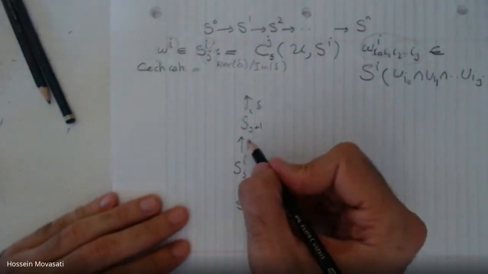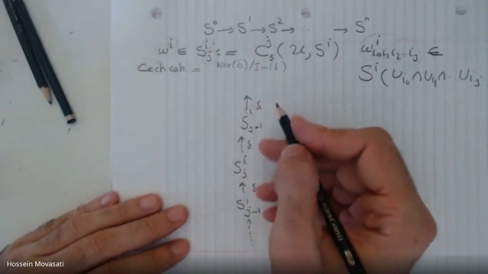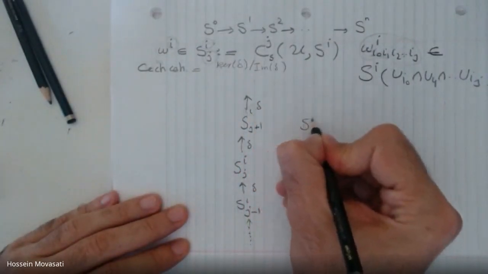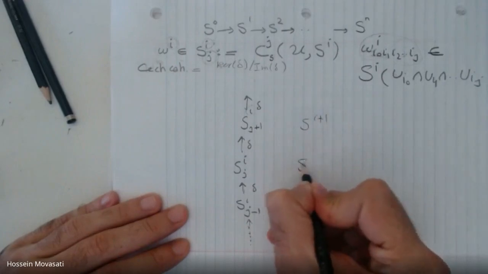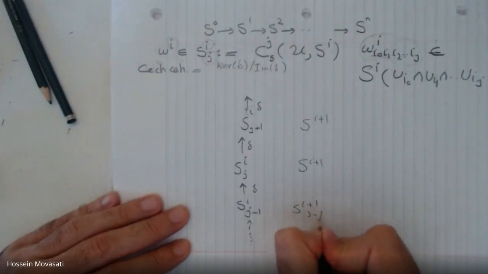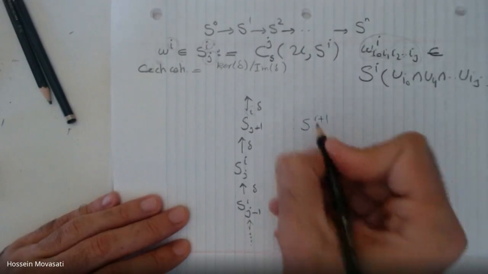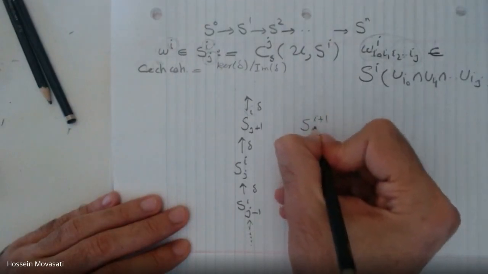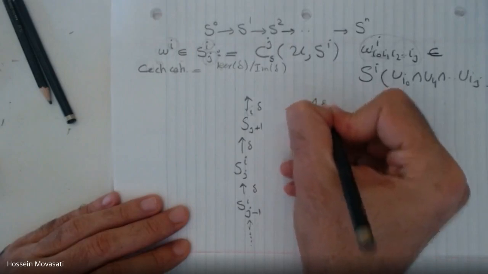But now the point is that we have more shifts. For example, I also have S^(i+1), and in the same way I can form the Čech cohomology complex of S^(i+1).